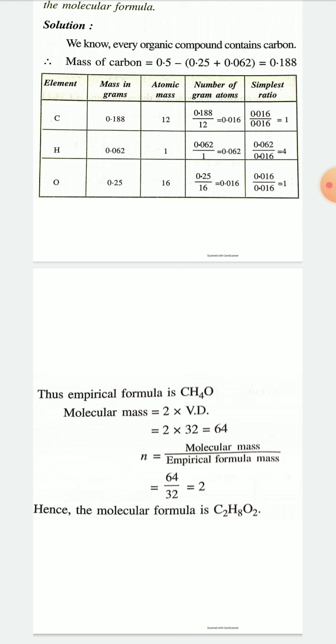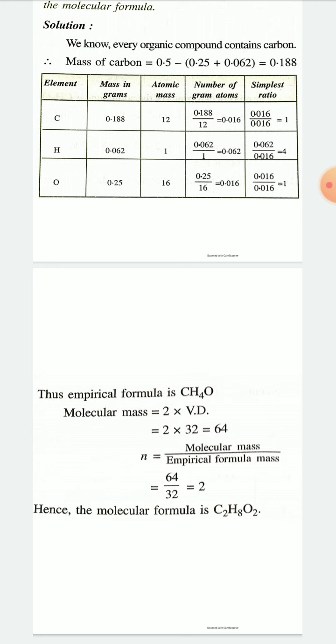Sorry, I said earlier that the empirical formula weight of the compound is 17, but it is not 17, it is 32. Thus according to the empirical formula CH4O, the empirical formula weight becomes 12 plus 4 plus 16, that is 32, and the molecular weight of the compound is 64.